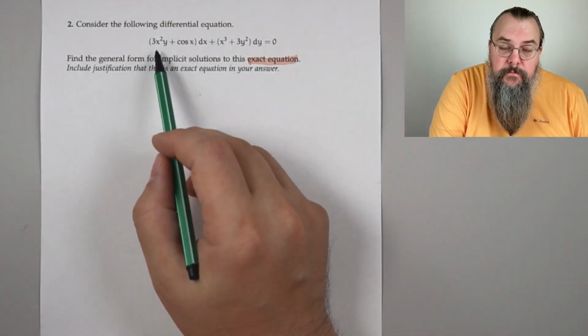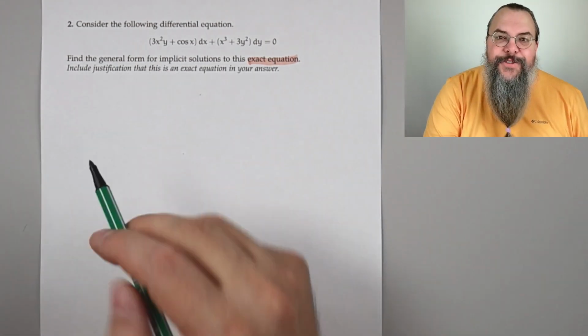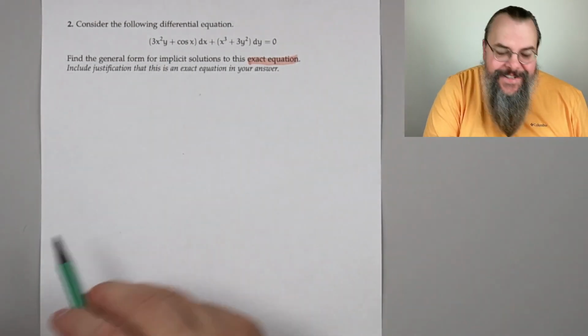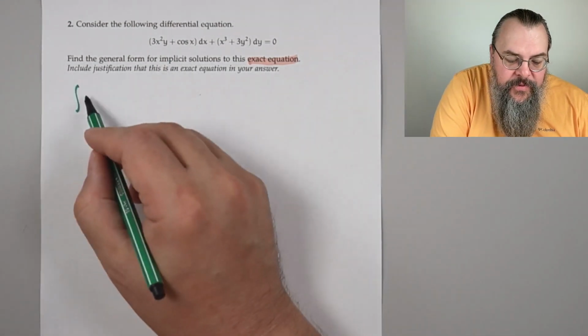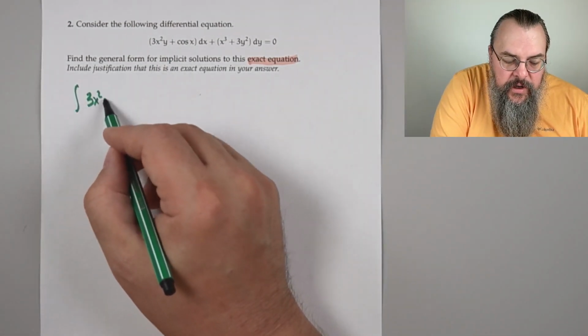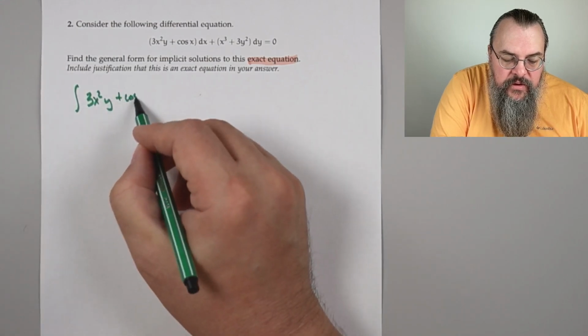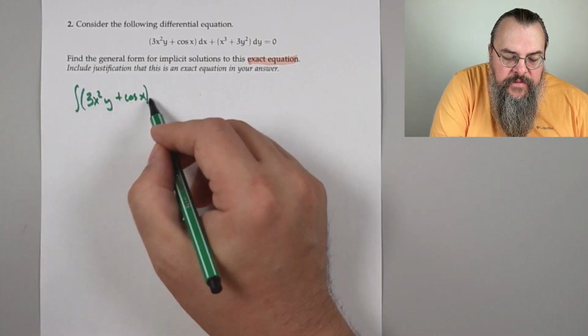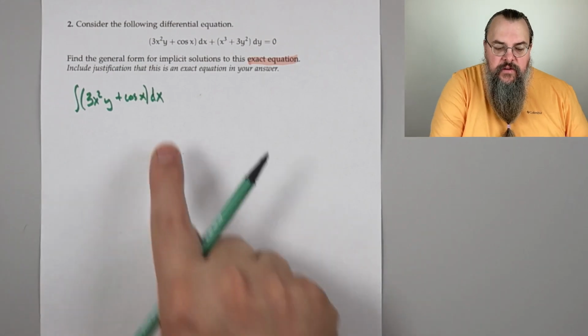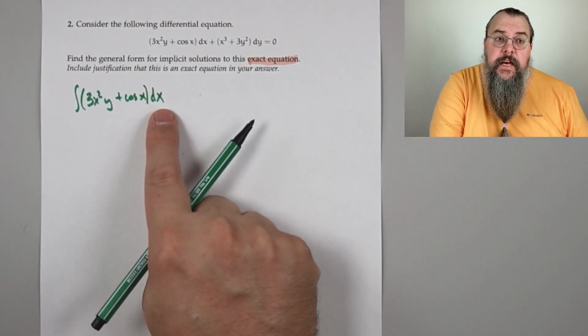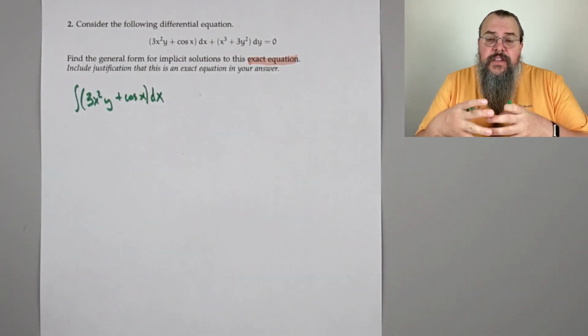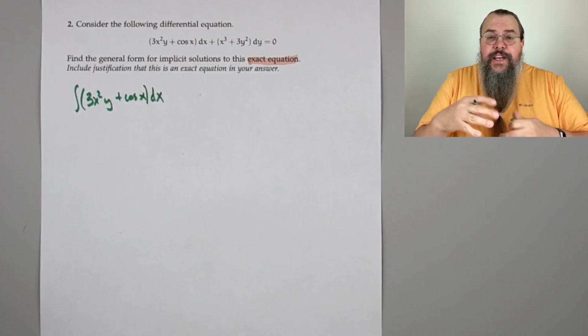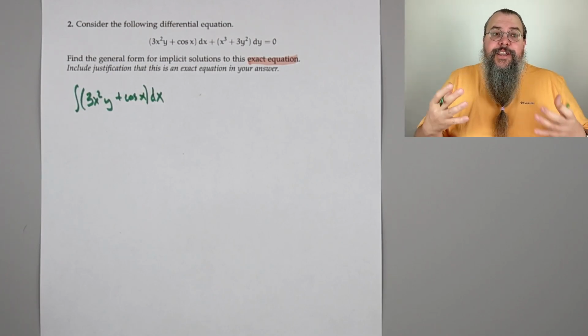So we're going to integrate the first part. Integral of 3x squared y plus cosine of x dx. Notice the dx here. That says we're going to treat x as the thing which can vary, and if you're not x, we treat you like a constant.